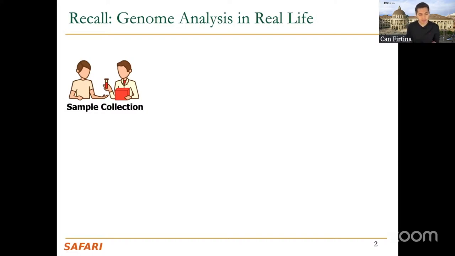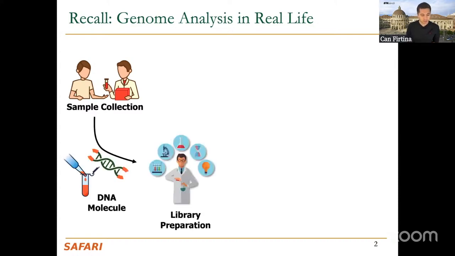So remember, we have several steps to generate the digital data for analysis. We usually start with sample collection, where we get the sample from an organism. This can be blood, cell, tissue, anything. Then we prepare the library.